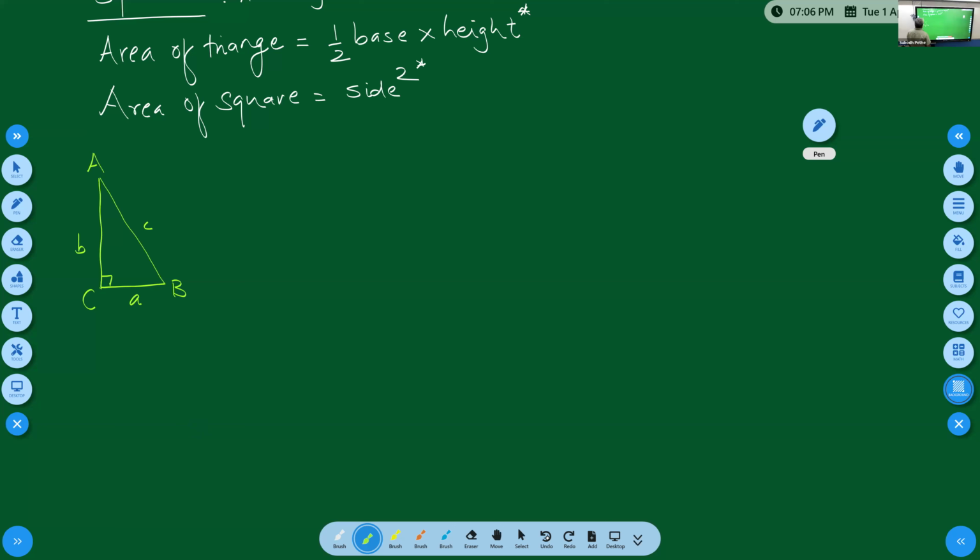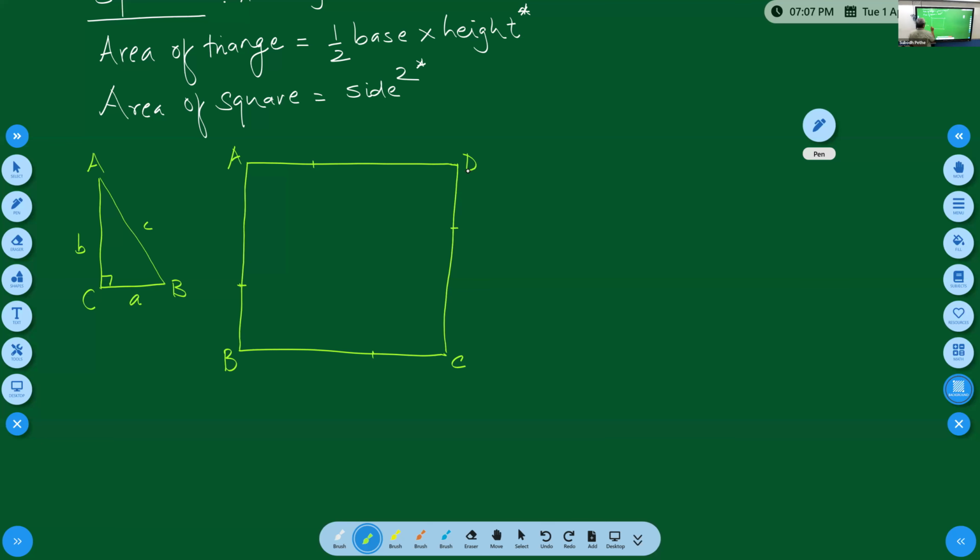Okay, so we have a right angle triangle with us, and then we have a configuration where we take a square of side length a plus b. ABCD is a square.